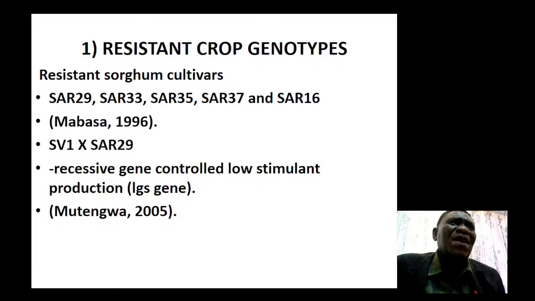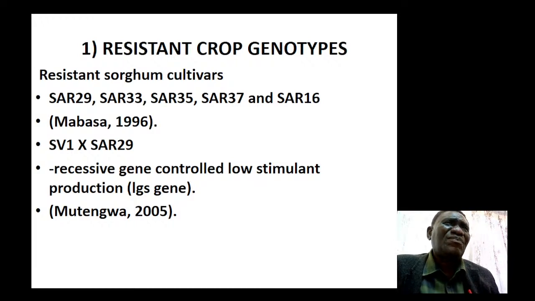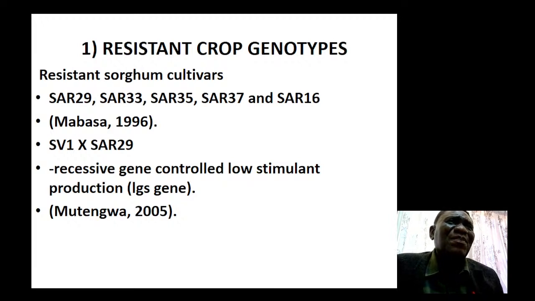It was found that a recessive gene controlled low stimulant production, and it was known as the LGS gene. So production of stimulants depends on major genes. So it is possible to solve this problem through breeding.